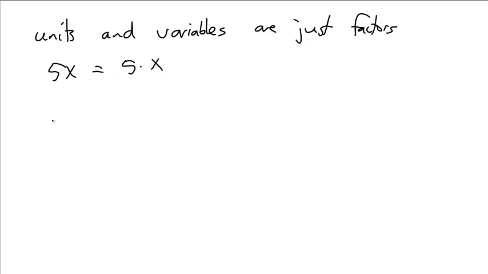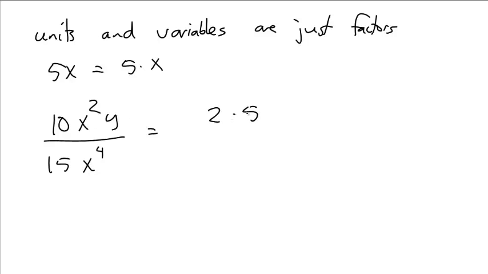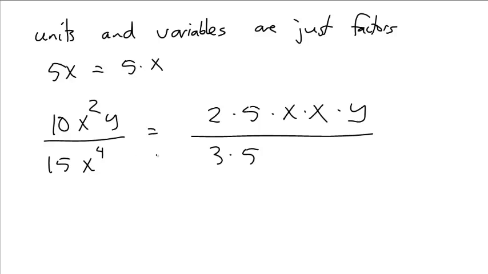Which means that if you have 10x squared y over 15x to the 4th, we factor it. 10 factors into 2 times 5, x squared is x times x, y is just y. Down below 15 is 3 times 5, and x to the fourth is 4 x's. And you just reduce.